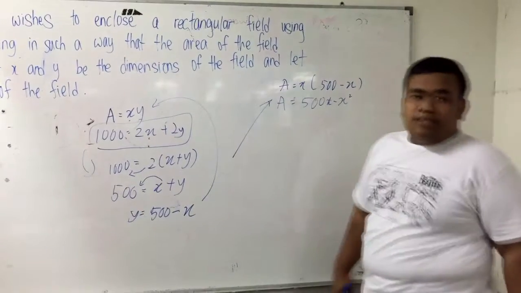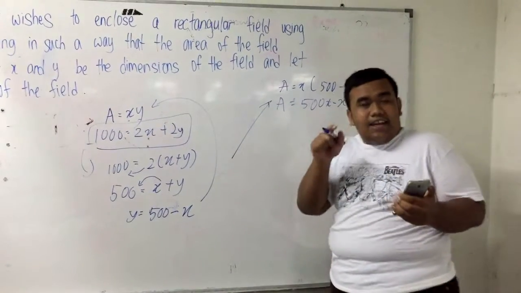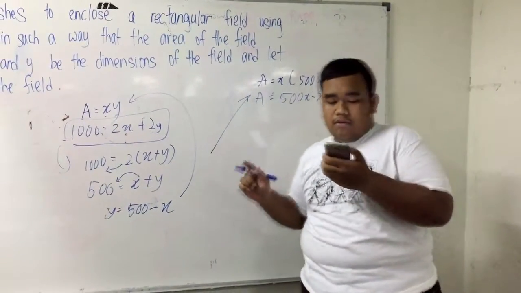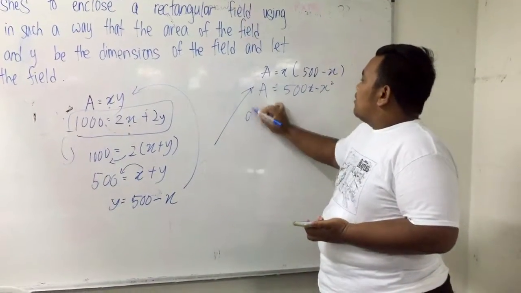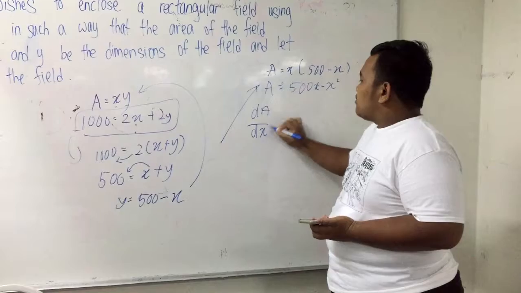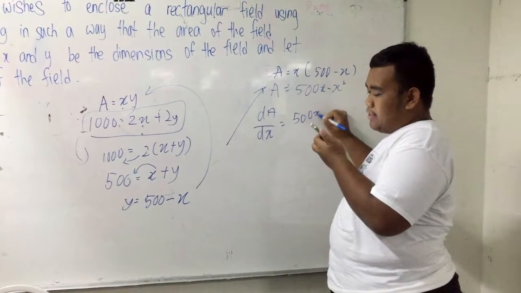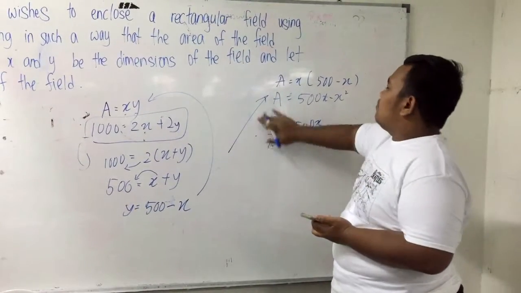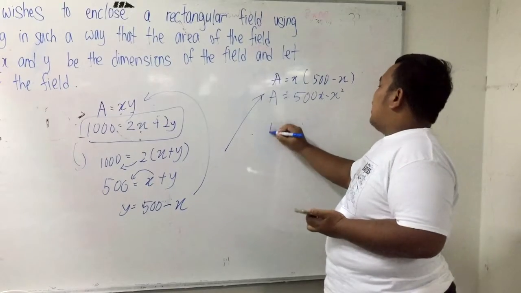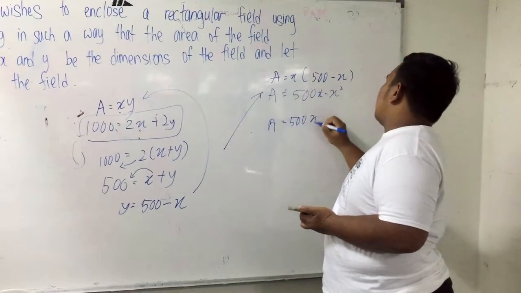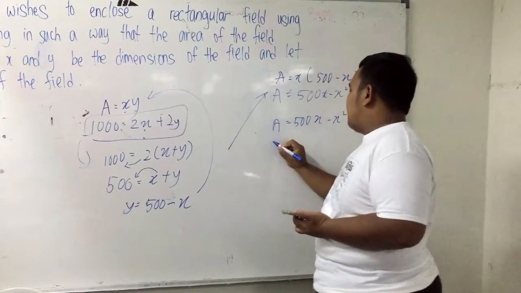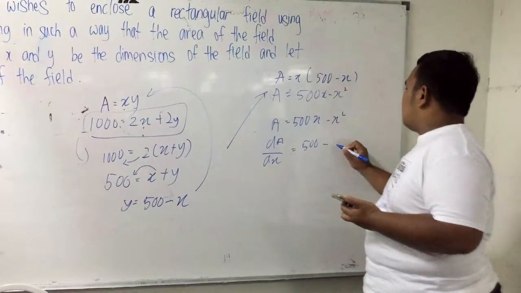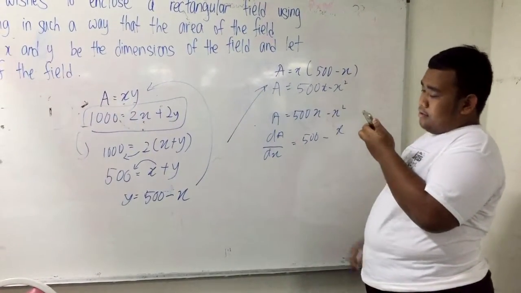When the question asks for the maximum value, dA/dx is equal to 0. So A is 500x minus x squared. Differentiate it, and it becomes 500 minus 2x.